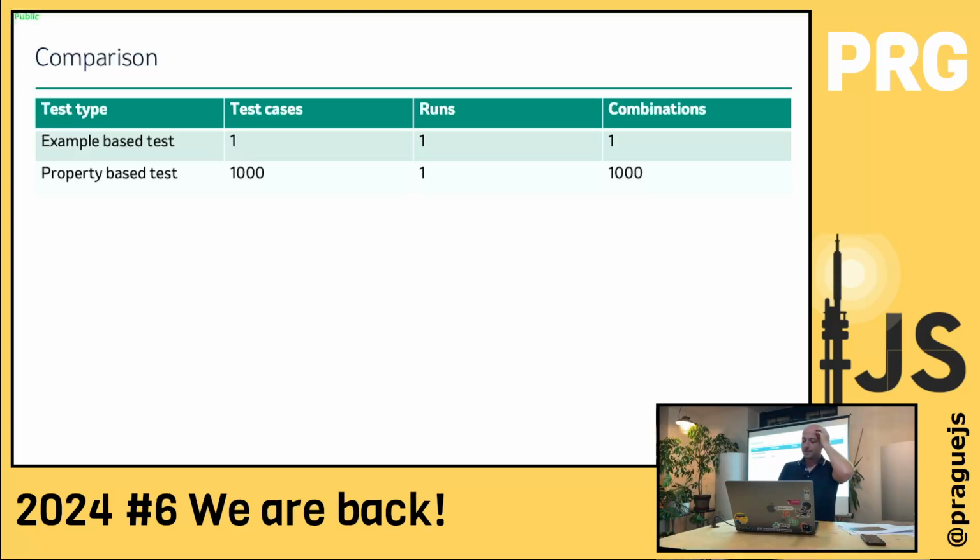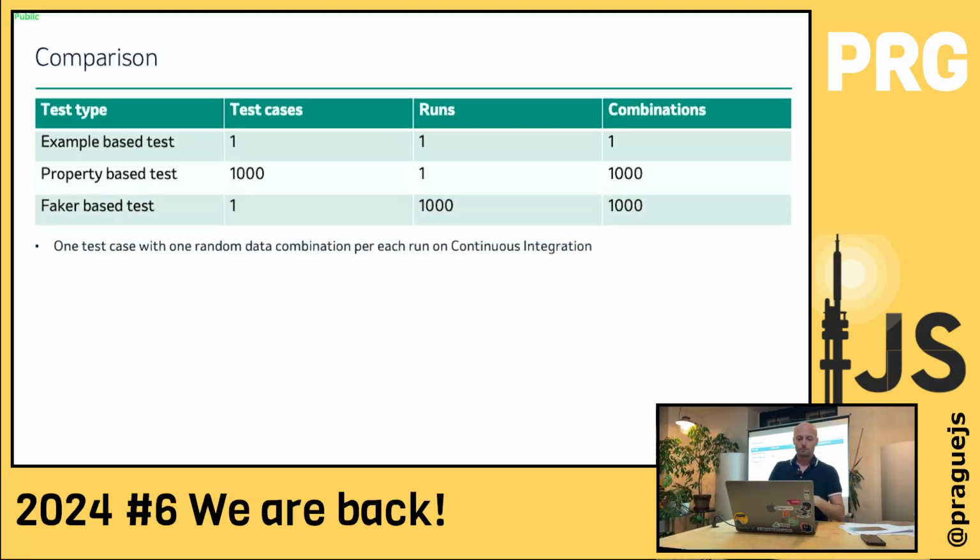Then there is the approach which I heavily use, or we heavily use, and I call it faker-based tests, and it uses a library called faker, which you know, I will ask later. So you will have one test case, but you will have 1,000 runs, and still you will be able to have basically the same combinations as the scientific variant of the property-based test.